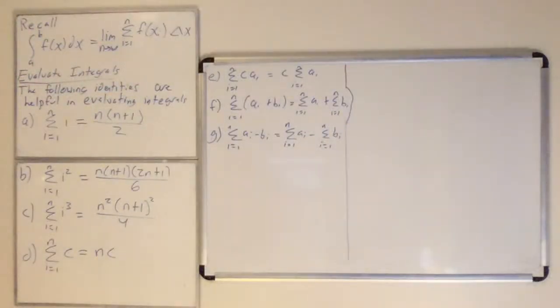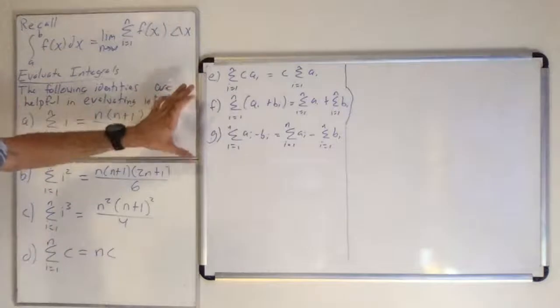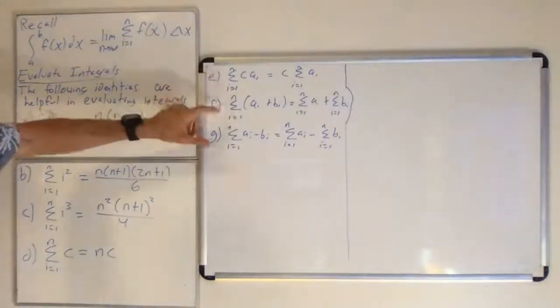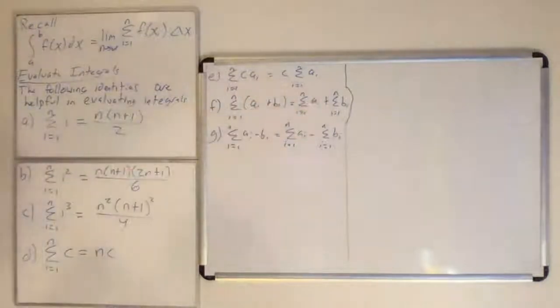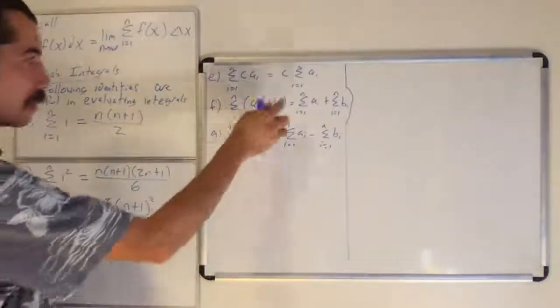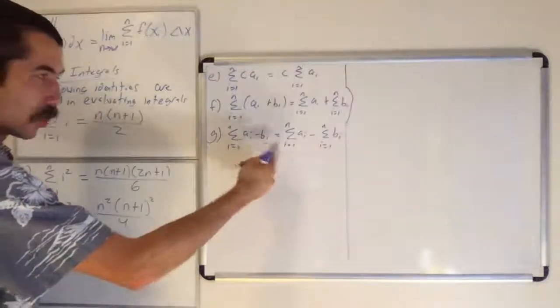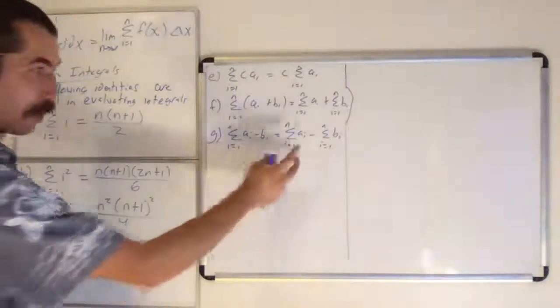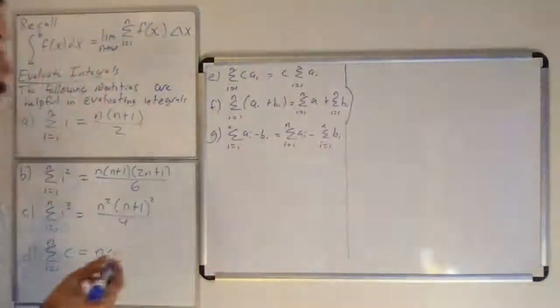Basically, this is saying if you add up a bunch of numbers, it doesn't matter which order you add them up in. And if you add some numbers and then subtract some numbers, you can add up all the positive numbers, add up all the negative numbers, and then take the difference.